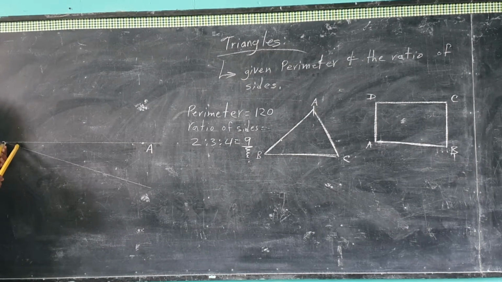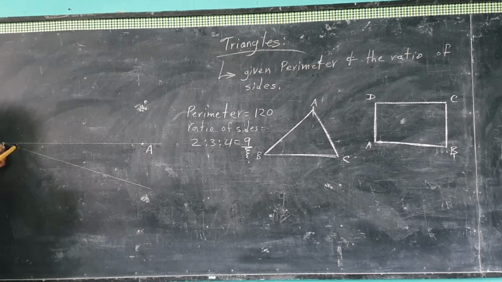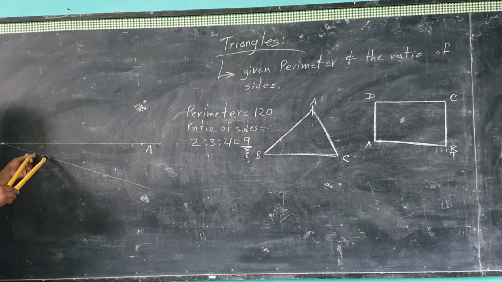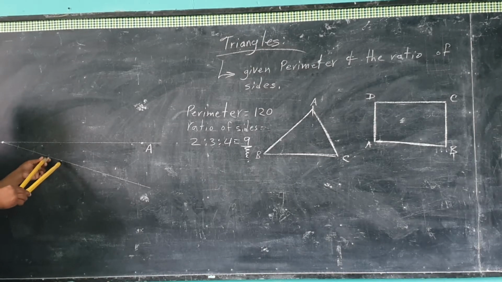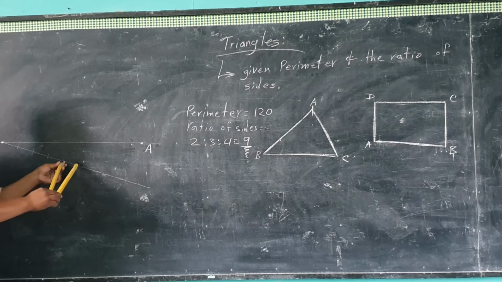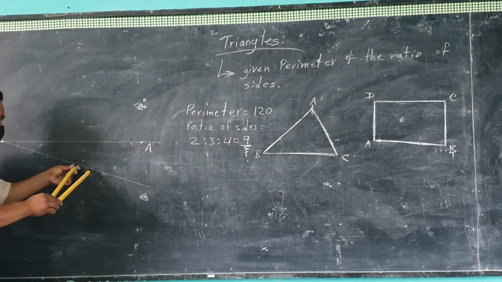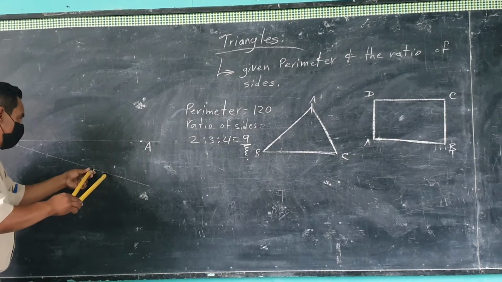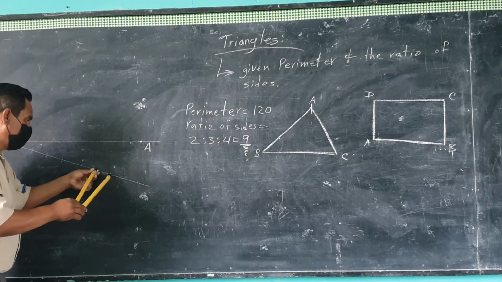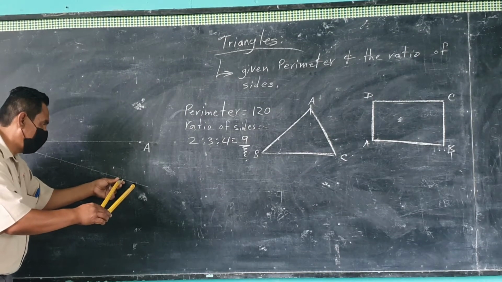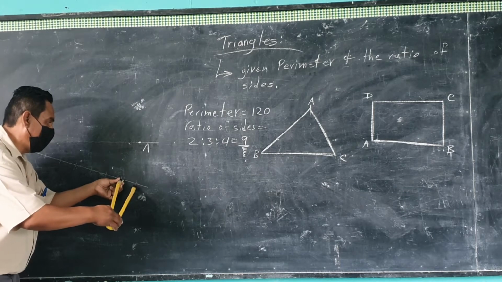Look at it. And I say 1. Now I am scribing the arc. 2, 3, 4, 5, 6, 7, 8, 9.